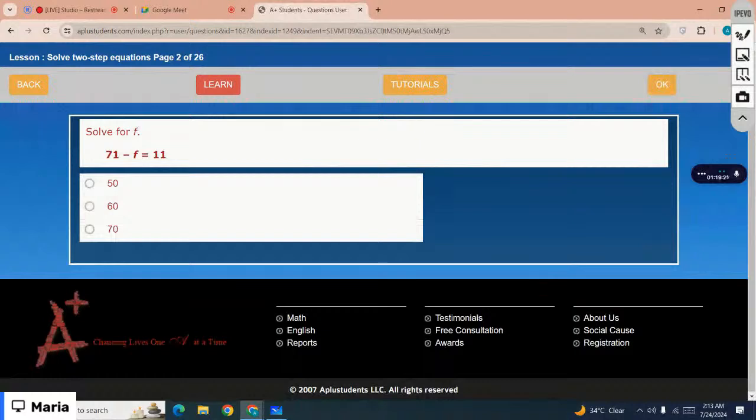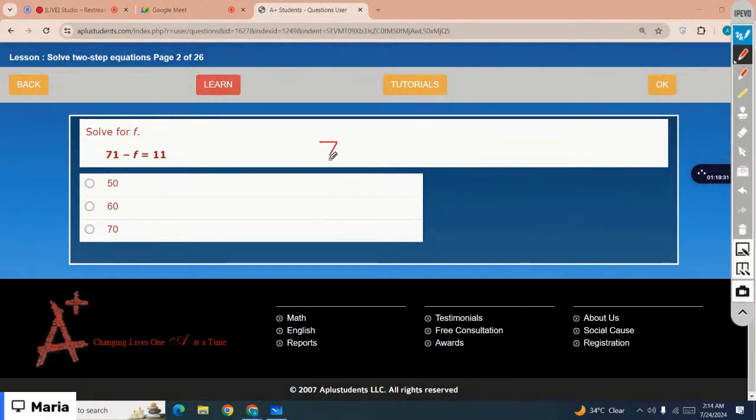71 minus f equals 11. So which is the correct option? Let's see. You are left with 71 equals 11 plus f.